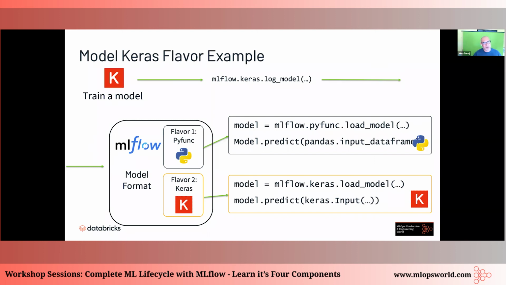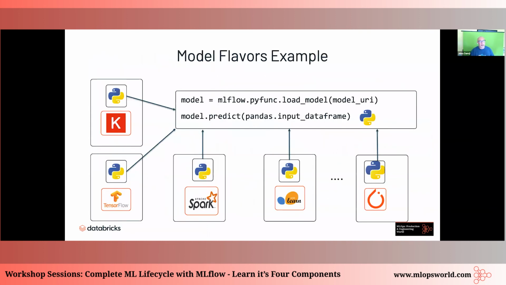And the important part about this, the corollary of this, is that now I can use these model flavors to write any of these MLflow models that I have. So I'm using Spark, or I'm using scikit-learn, I'm using PyTorch, and then I can load those models as a Py function, and then use the predict to do the inference. And this is a very, very powerful concept.